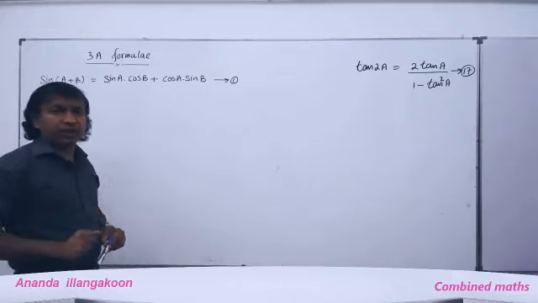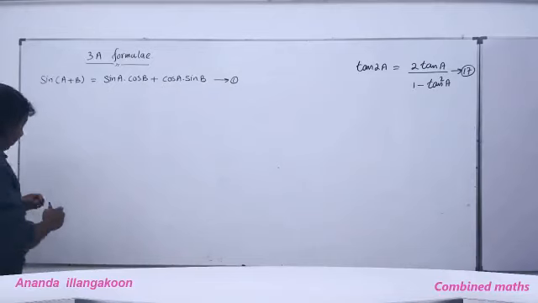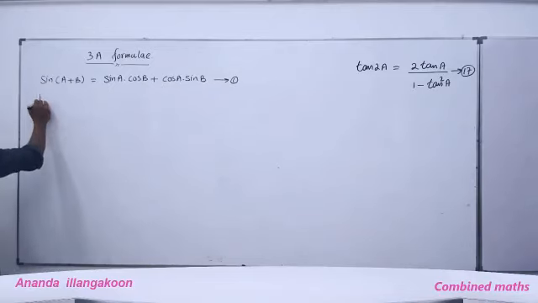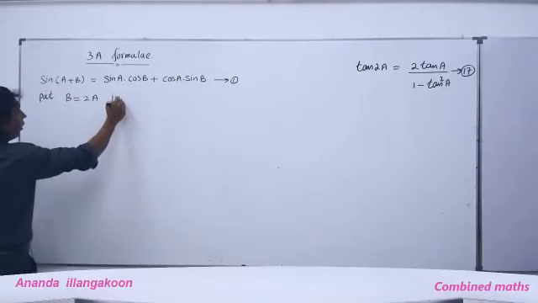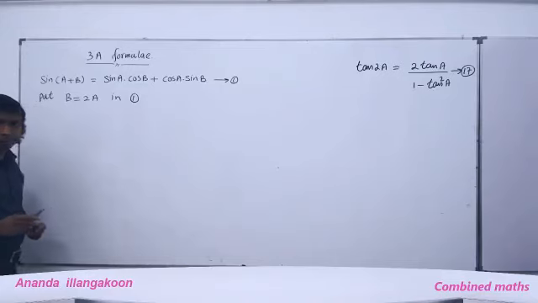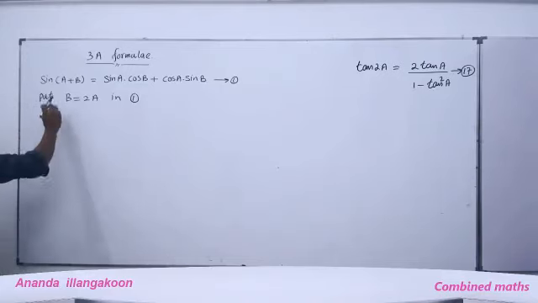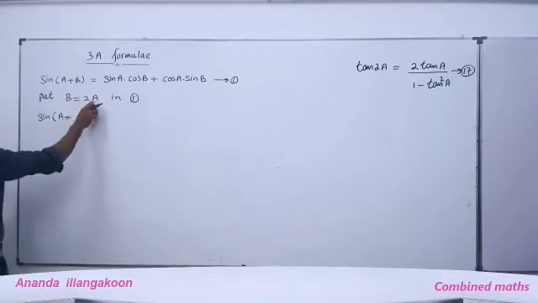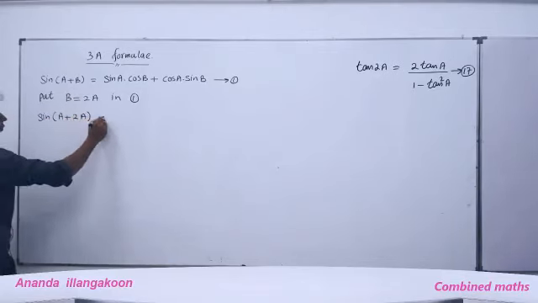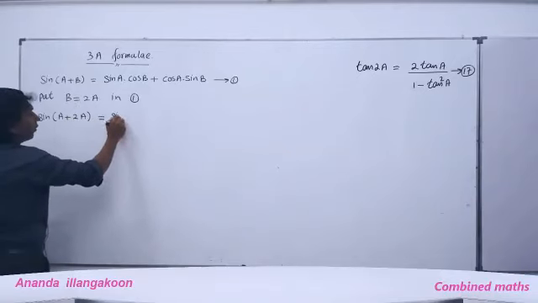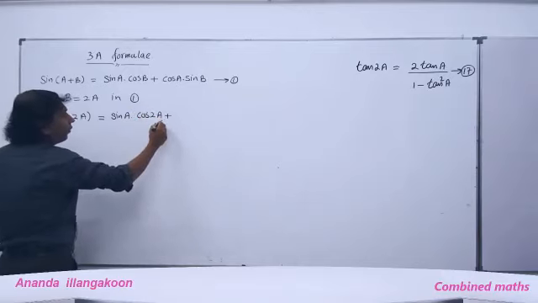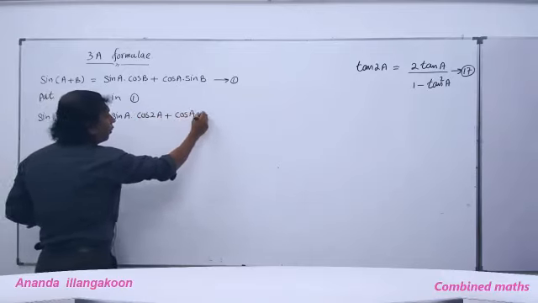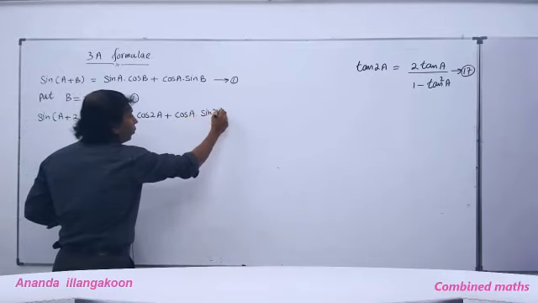So then we will start like this. Okay, now we can write like this. Put B equals 2A in number 1. Then what we get is sin(A+2A) is equal to sin A cos 2A plus cos A sin 2A.